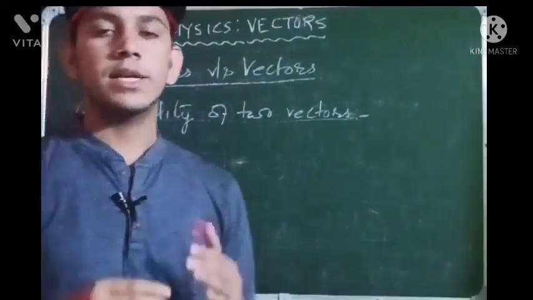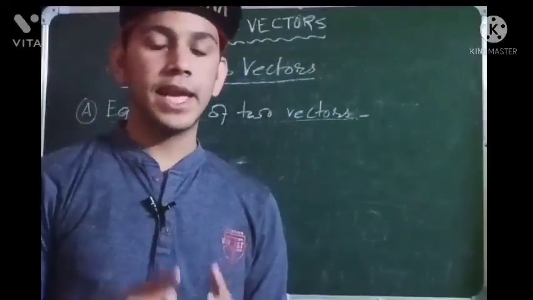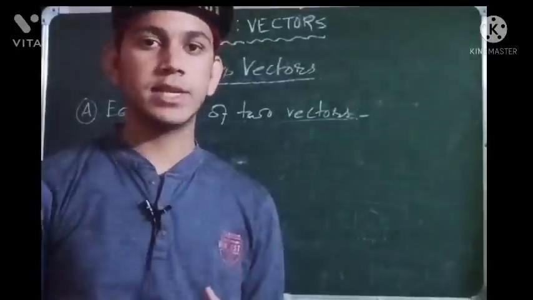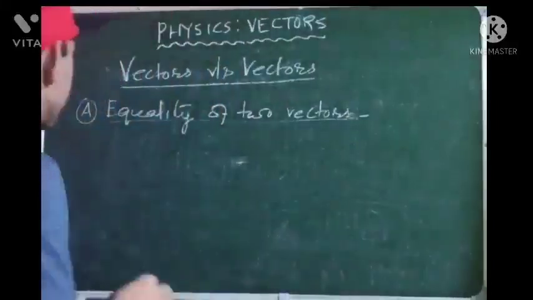Equality of two vectors. Two vectors are said to be equal if they have the same direction as well as the same magnitude.